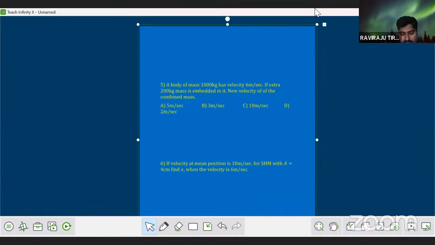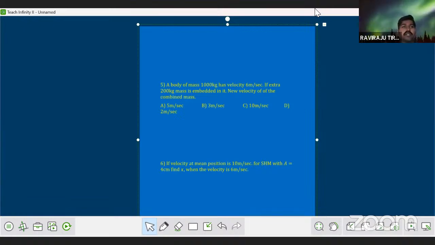See the next question. It is also a simple one. A body of mass 1000 kg has velocity 6 meter per second. If an extra 200 kg mass is embedded in it, find the new velocity of the combined mass.